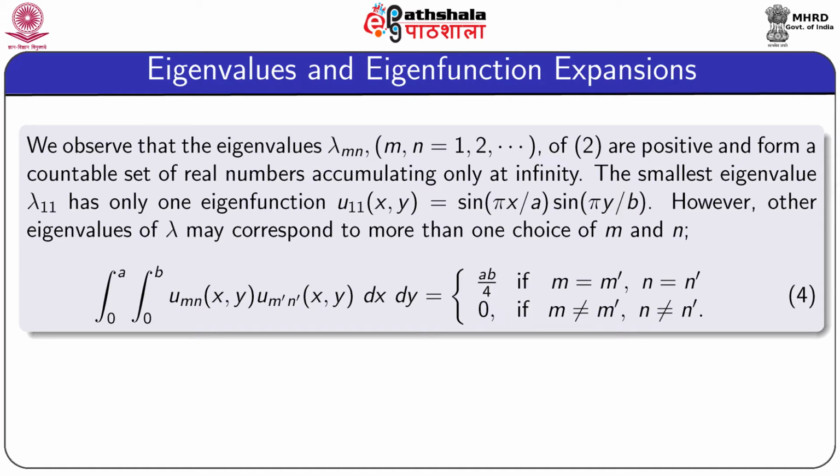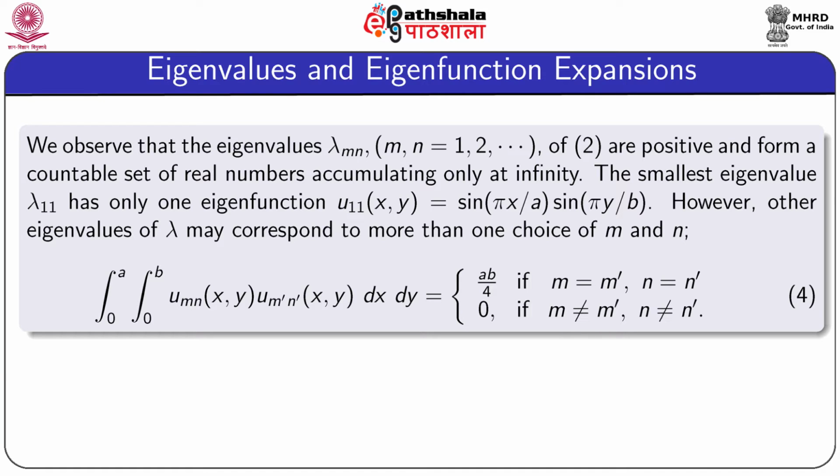It has the eigenfunction u11 equal to sine pi x by a times sine pi y by b, and this eigenfunction is the only eigenfunction corresponding to the eigenvalue lambda 1 1.